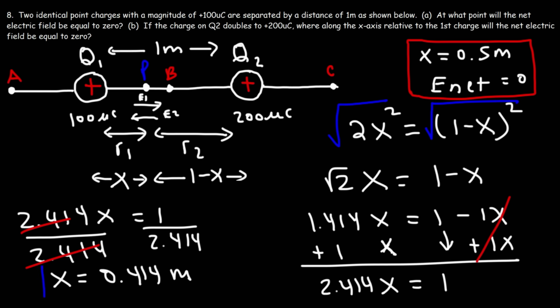So at 0.414 meters to the right of Q1, which is point P, the net electric field will be equal to 0. So that's how we can calculate the exact location along the x-axis where the net electric field will be equal to 0 if Q1 and Q2 have different magnitudes of charge.